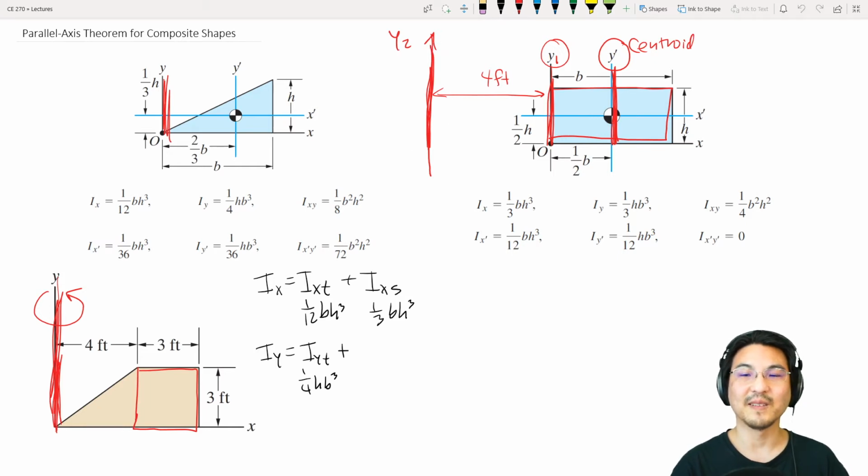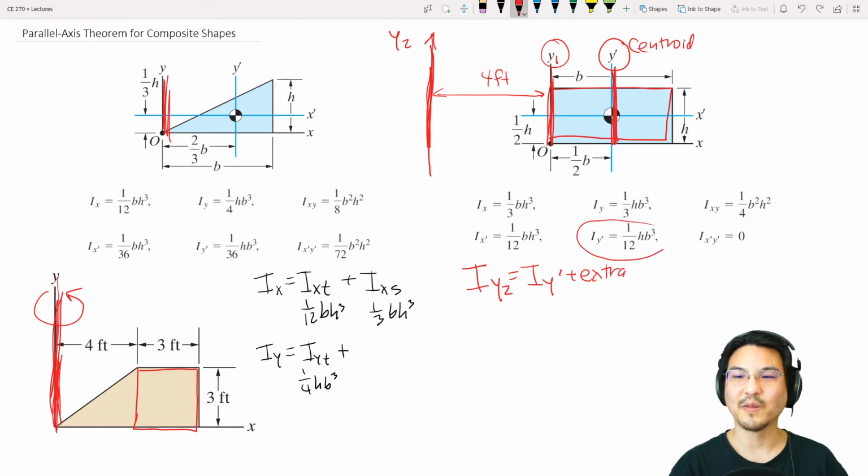Okay, so it is correct to do something like this, plus extra, right? So for this axis, with respect to this axis, it would be 1/12 hb cubed plus extra. How much extra?